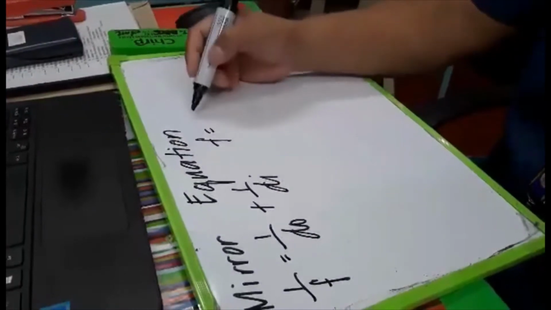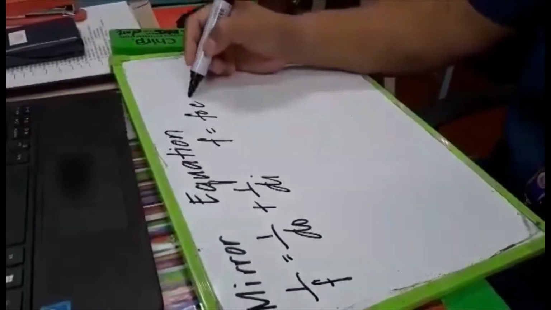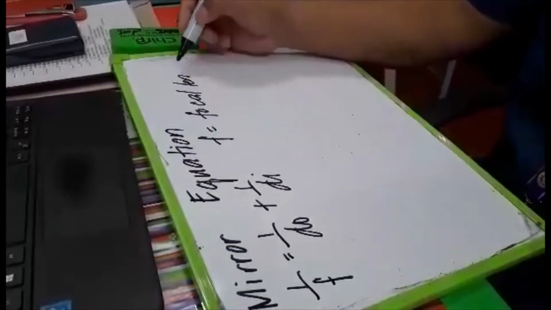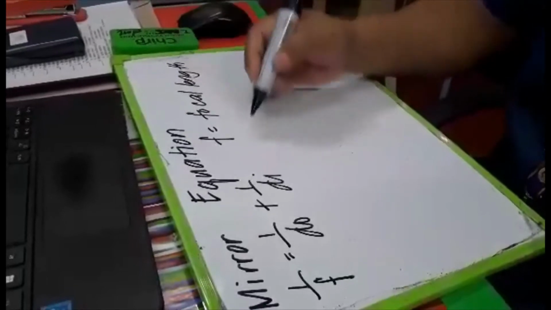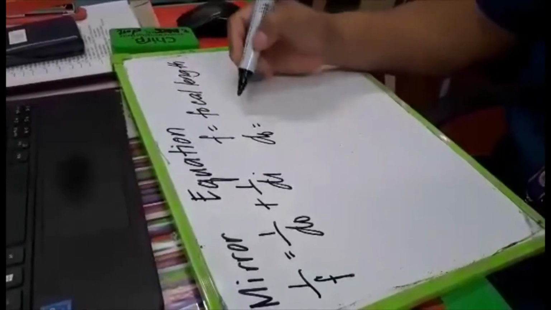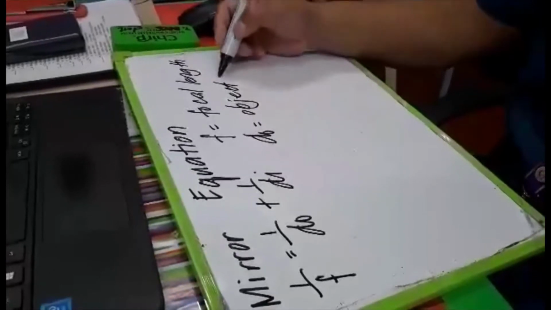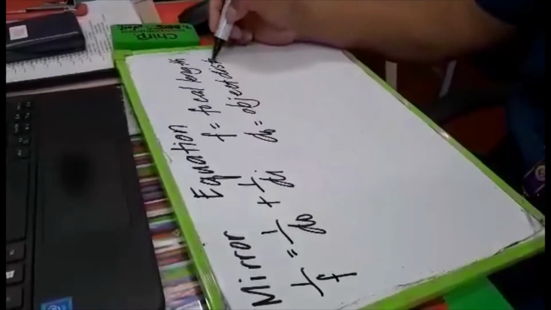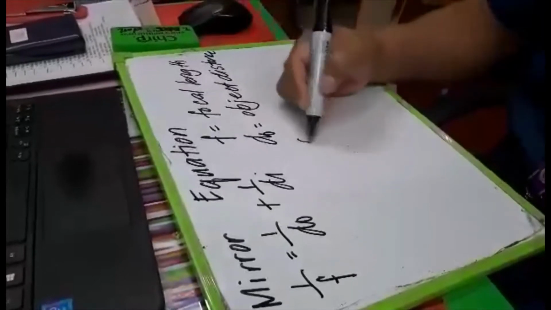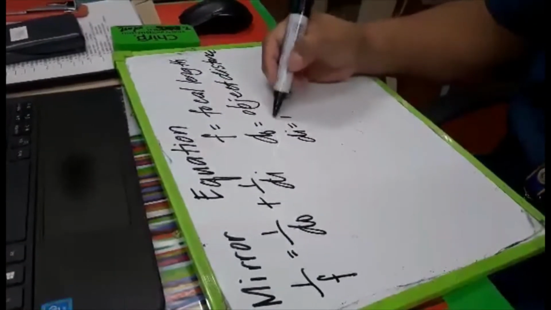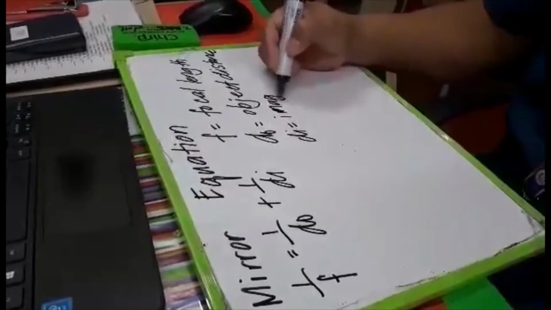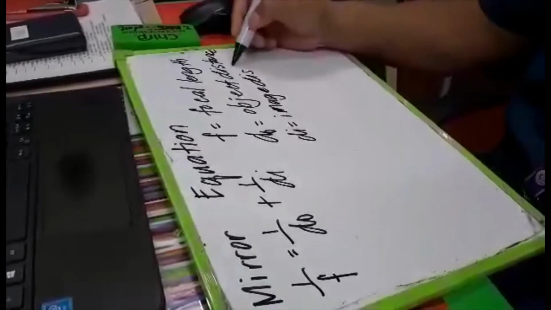Ang F stands for the focal length. Ano ba yung DO? That is our object distance. And ano ba yung DI? Ito yung sinasabi nating image distance.